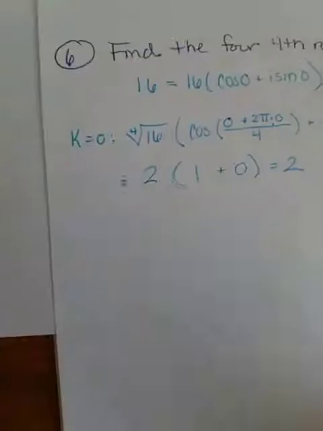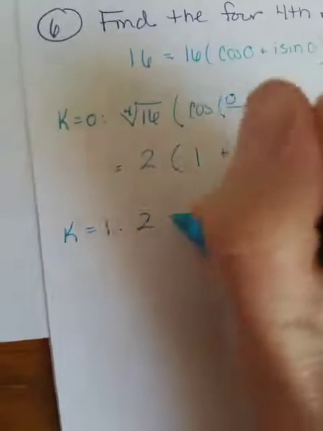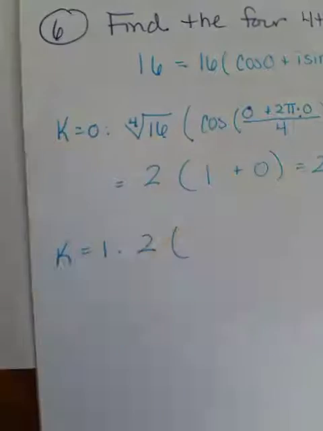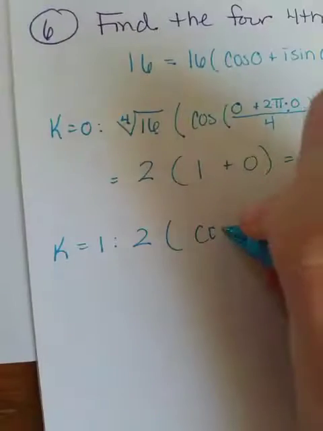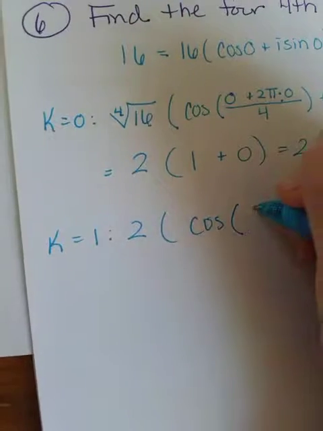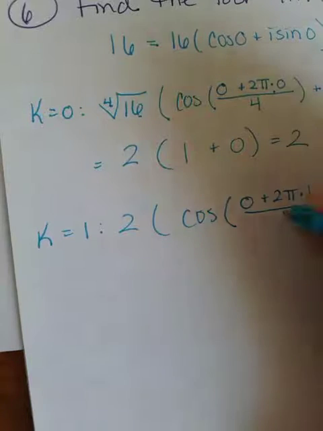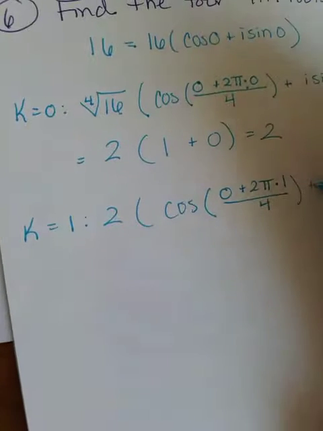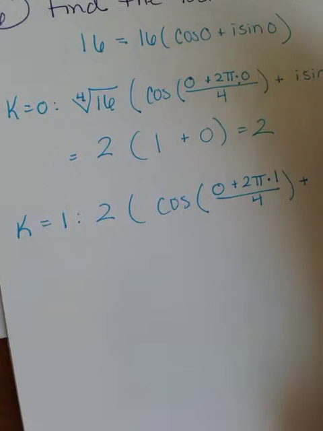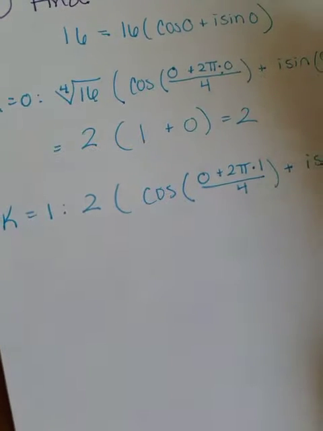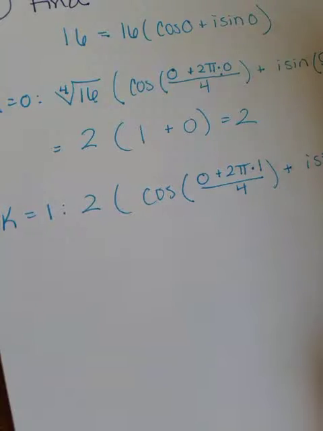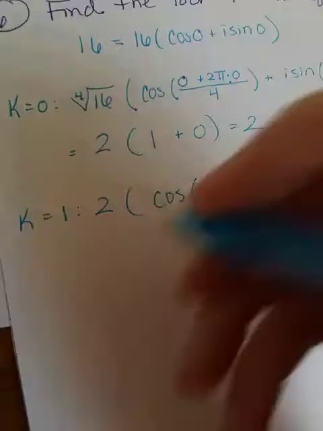So my answer to this is 2. That's one of them. Now I have to do it for k equals 1. So again, I have the fourth root of 16, but I already know that's 2. Just showing you how this works. So now I would have the cosine of, my theta is still 0, plus 2 pi times k, in this case 1, still divided by 4, plus i sine of theta, which is 0, plus 2 pi times 1, all divided by 4.